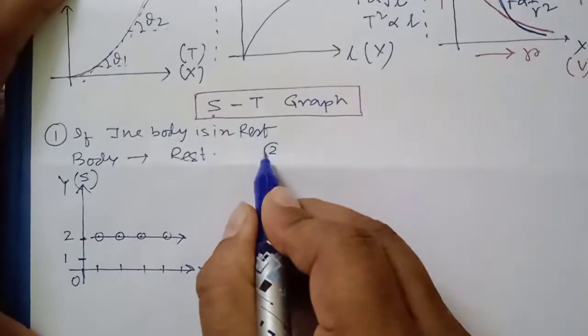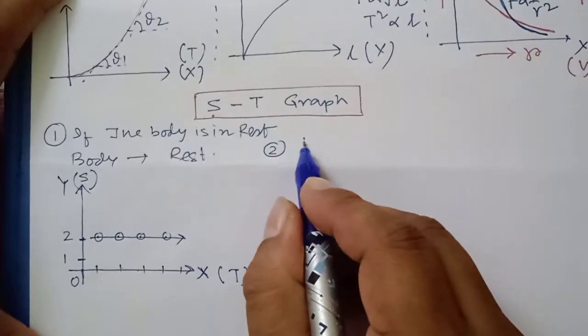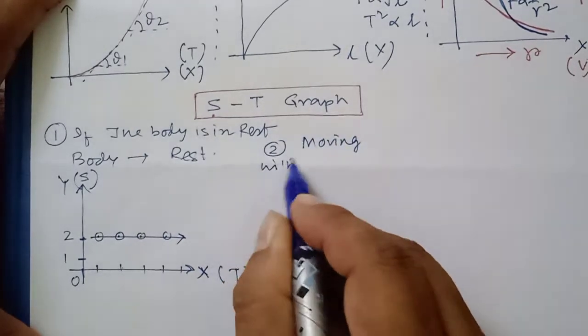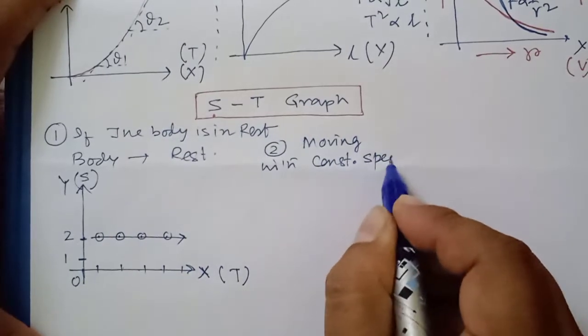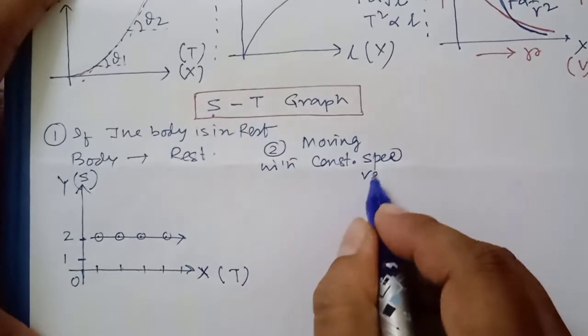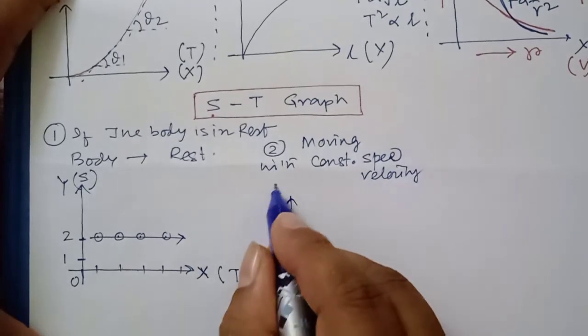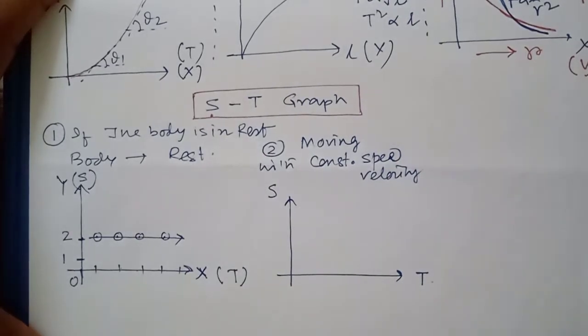Case 2, suppose the body is moving with constant speed or velocity. Then the displacement time graph, this is S, this is T, and the graph will be like this.